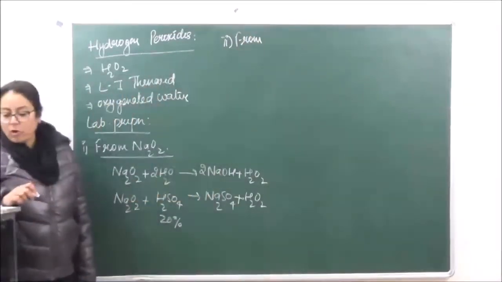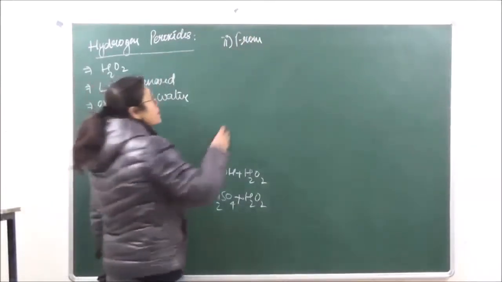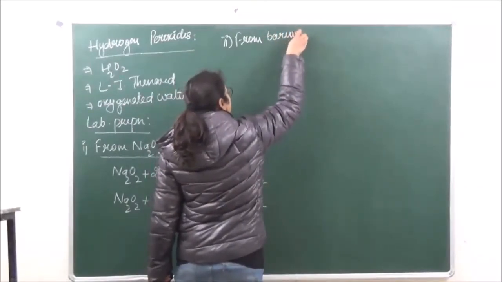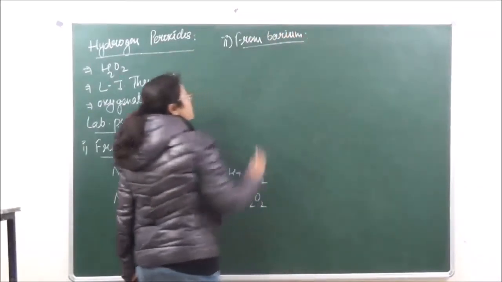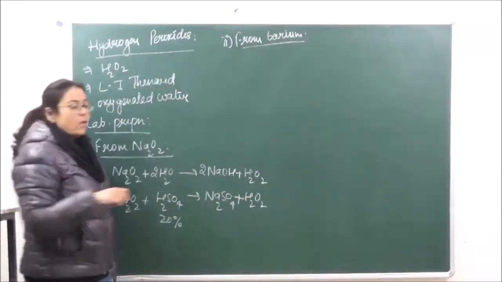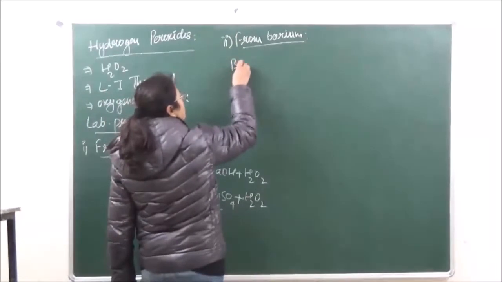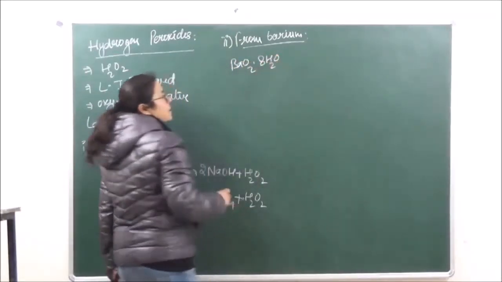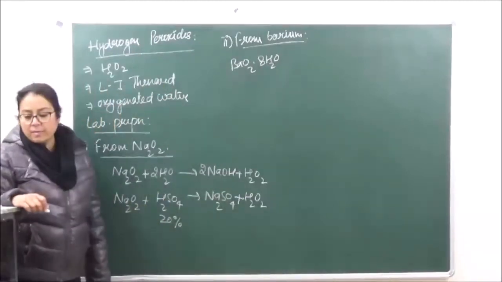Then the second method is that it is prepared from barium peroxide. Barium peroxide is a hydrated salt. So when we are looking at barium peroxide, it has the formula BaO2.8H2O. This is the formula of barium peroxide.